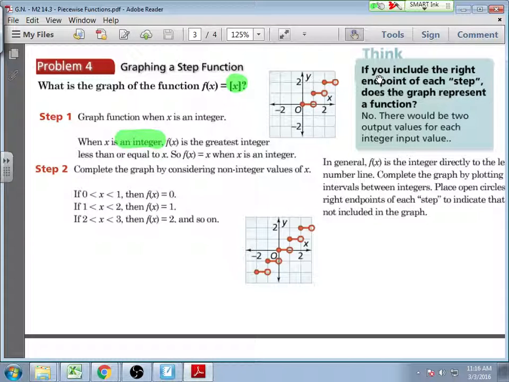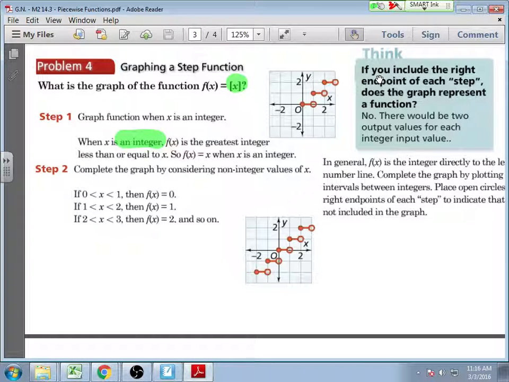Integer. What is the integer value, and it rounds down. So you're looking at essentially cutting off the partial. So really, like truncating at the decimal point.